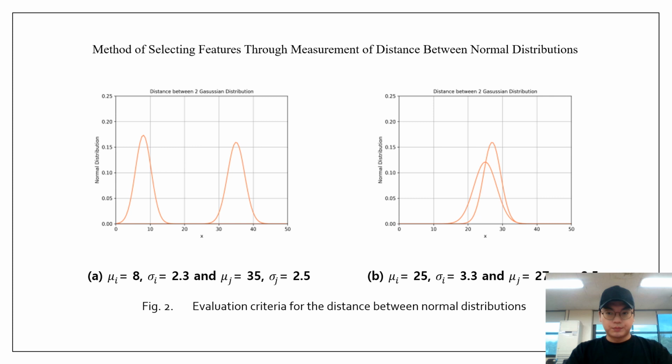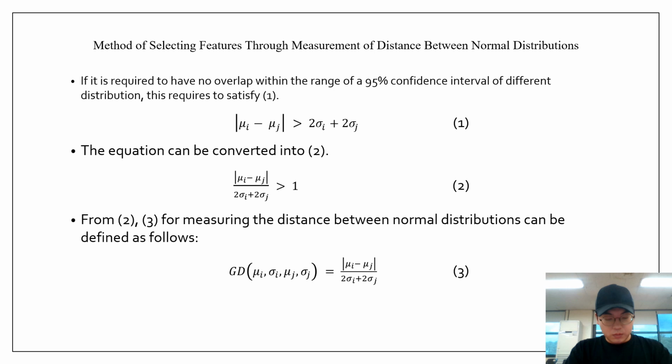If there is a section where the confidence intervals overlap, this section is ambiguous, which may be Group A or Group B, like figure 2b. Therefore, if the overlapping section is small, there is a high possibility that the two groups are different groups.